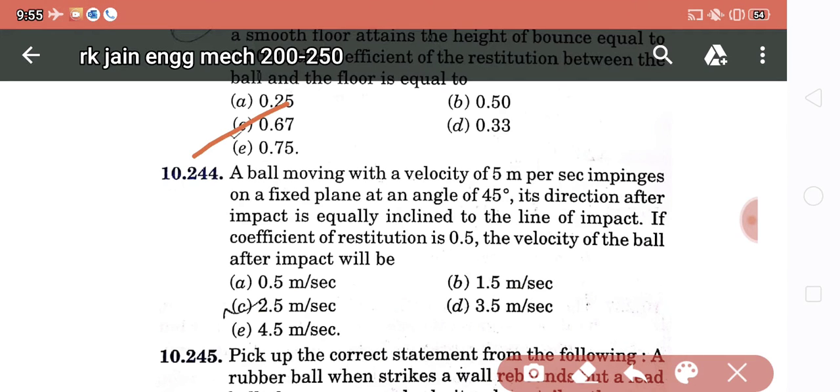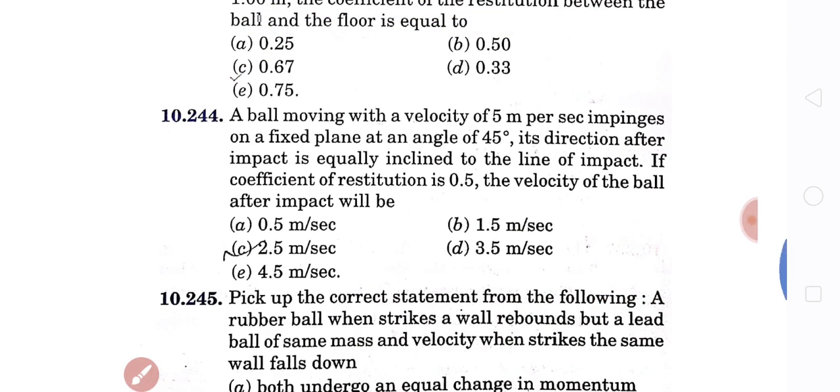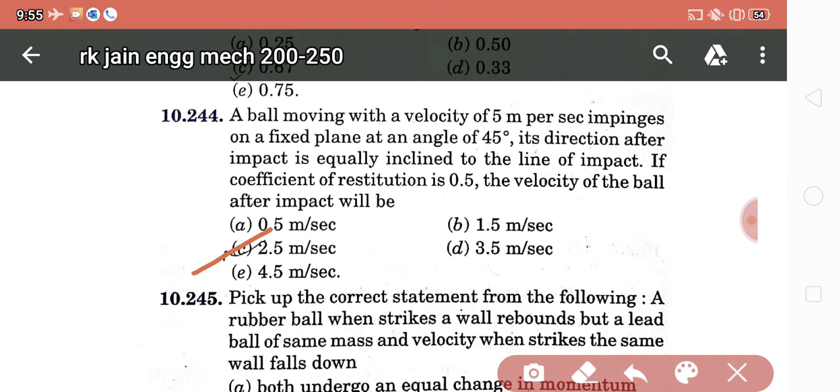Answer will be C. A ball moving with a velocity of 5 meter per second impinges on a fixed plate at an angle of 45 degree. Its direction after impact is equally inclined to the line of impact. If the coefficient of restitution is 0.5, the velocity of the ball after impact will be 2.5 meter per second.